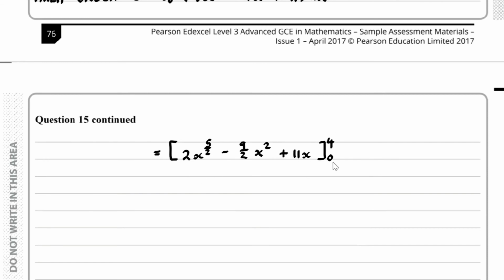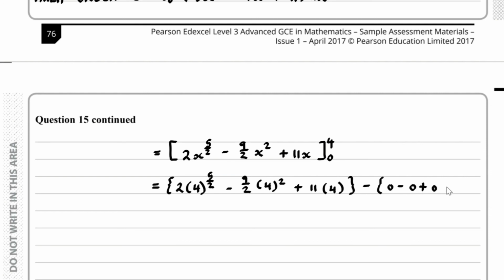Now for the lower limit, I'm just going to get 0, so for the upper limit, I've got 2 lots of 4 to the power of 5 over 2 minus 9 over 2 lots of 4 squared plus 11 lots of 4. And for the lower limit, I've got 0 minus 0 plus 0. And it turns out here I get 36. That's the area under C.